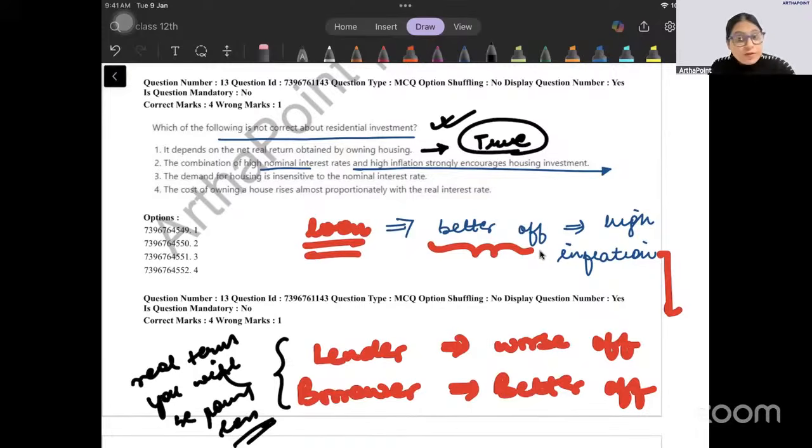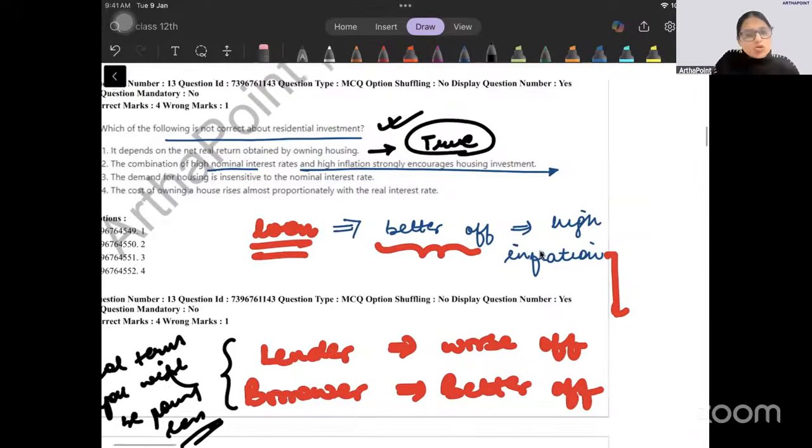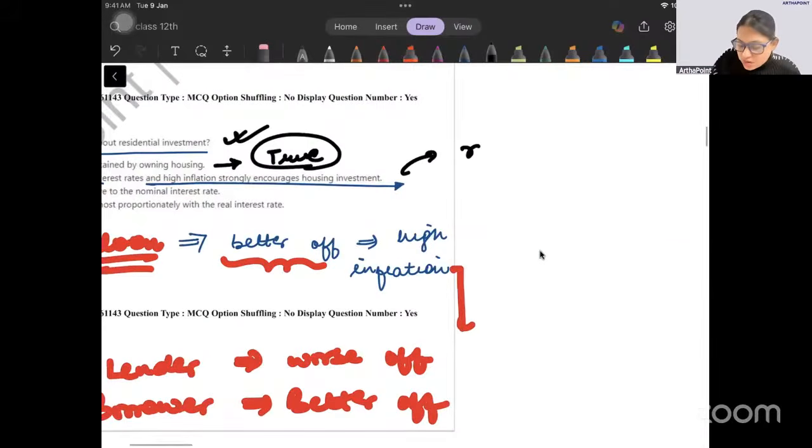So whenever there is inflation in the economy and you take a loan, then in the long run, in real terms, you end up paying lesser interest on that loan, right? When you pay lesser real interest on the loan, automatically your investment becomes successful. So whenever you have a high inflation rate, that strongly encourages you to do housing investment. You can also think of it like this. Consider R as I minus pi.